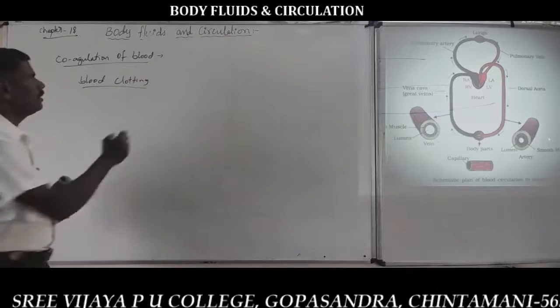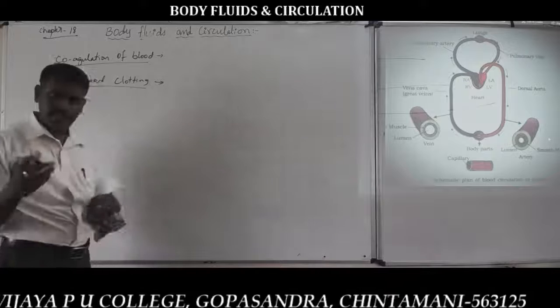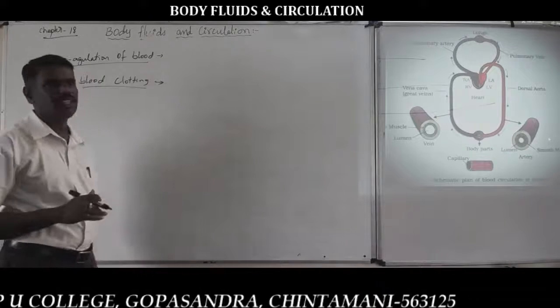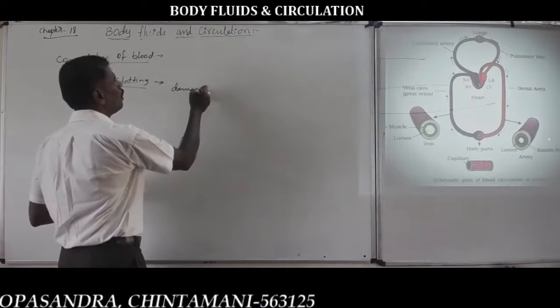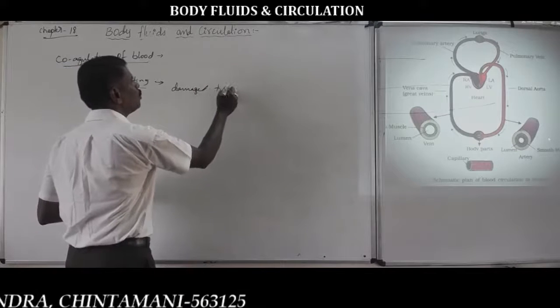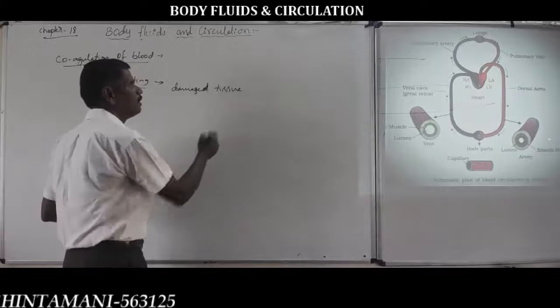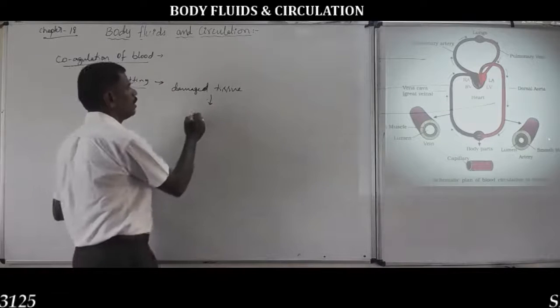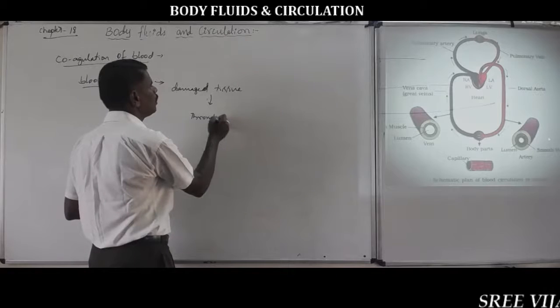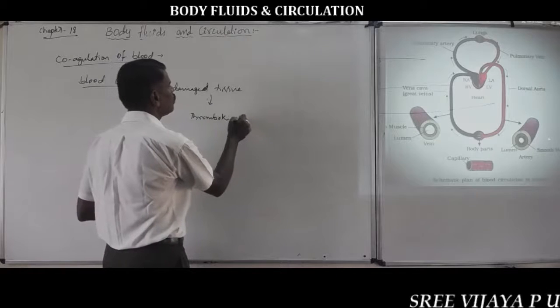During blood clotting, if a wound is formed on the skin, the damaged tissue secretes an enzyme called thrombokinase.